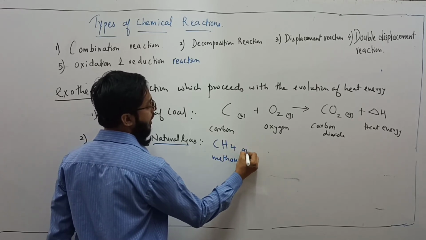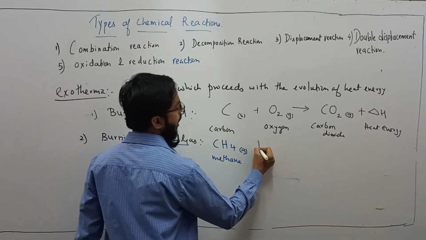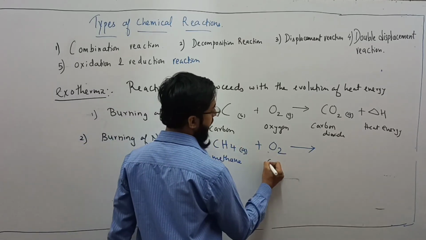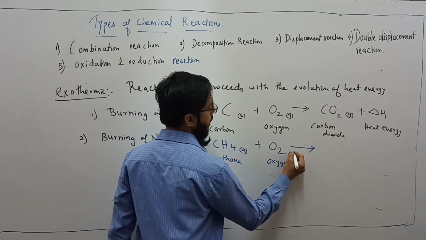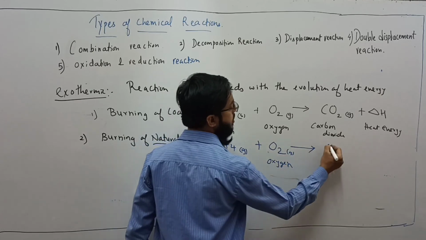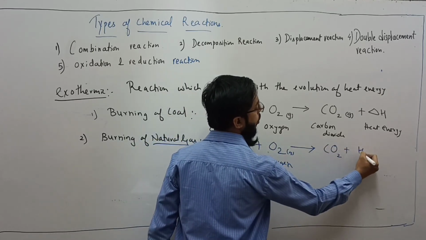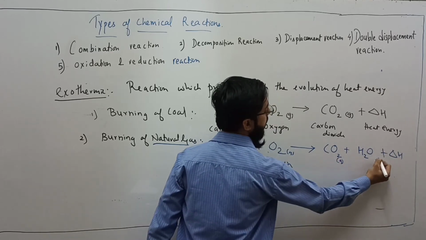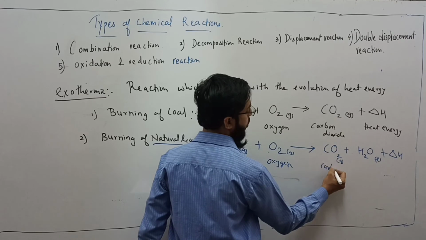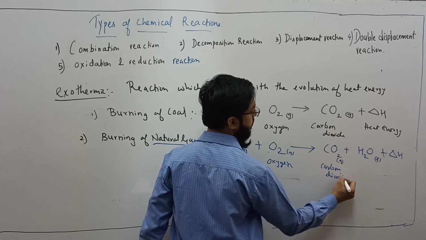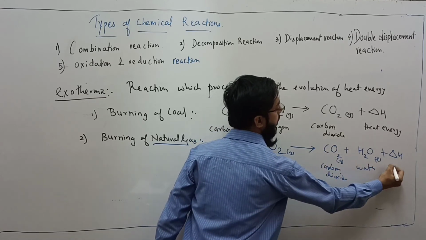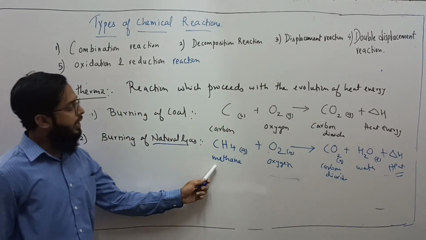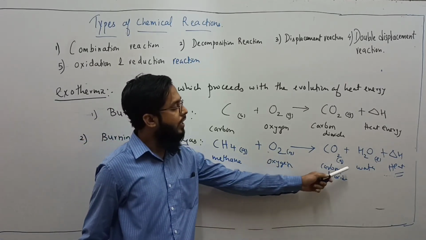Methane's formula is CH4, it is a gas, and when the natural gas burns in air, it forms carbon dioxide gas, water in liquid state, and heat energy is evolved. So you can see, burning of natural gas, methane, in air forms carbon dioxide, water, and heat energy.